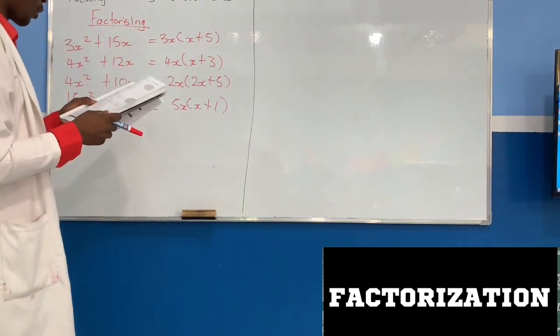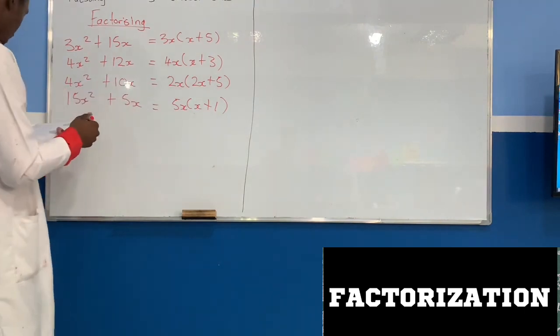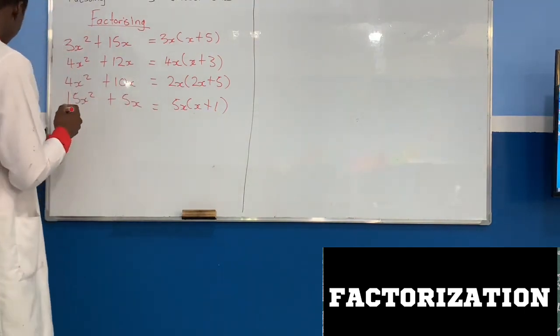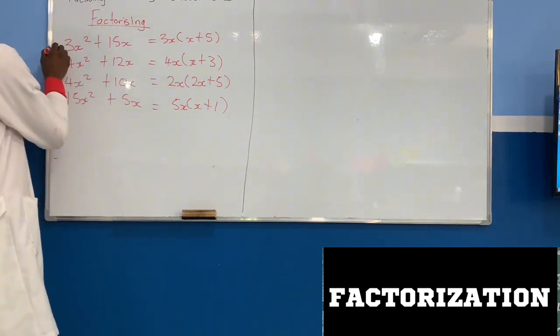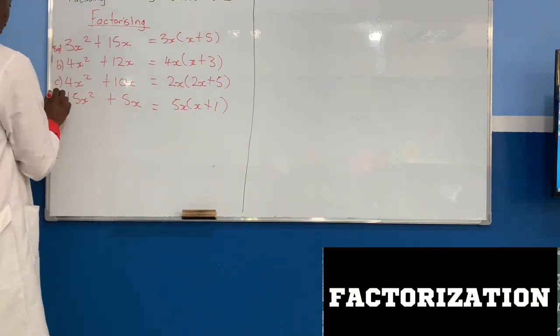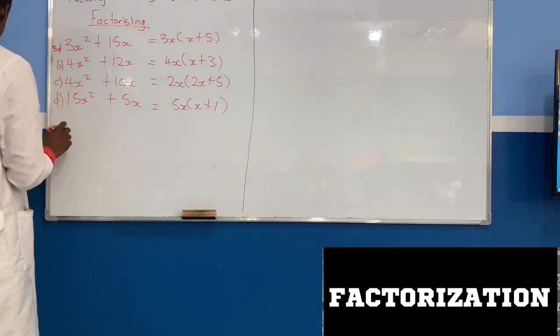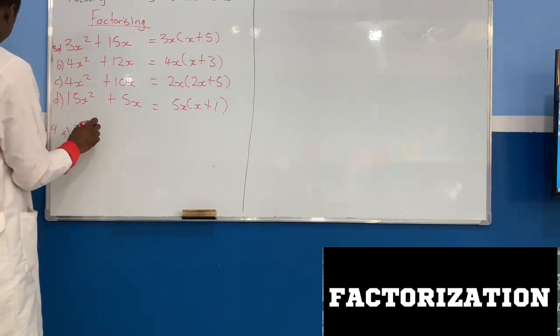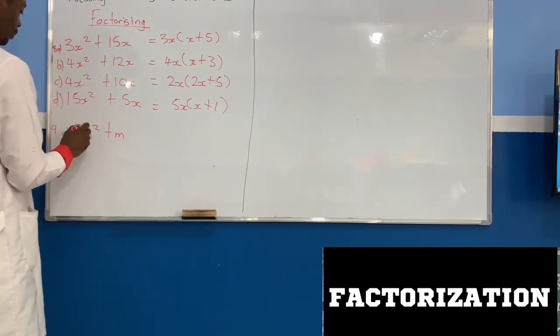Right, let's move on to question 9. Factorize each expression. So this is a, b, c, and d. Question 9a: 7m squared plus m.